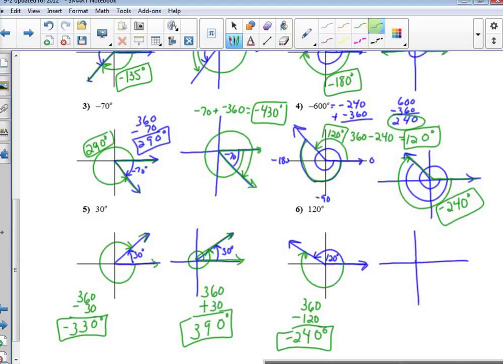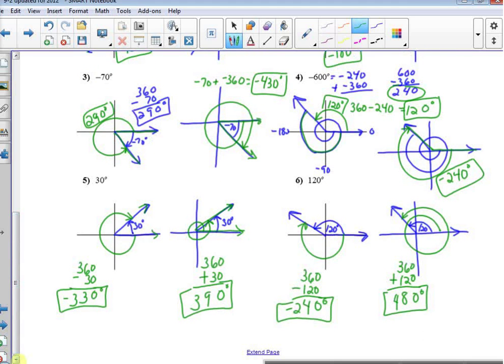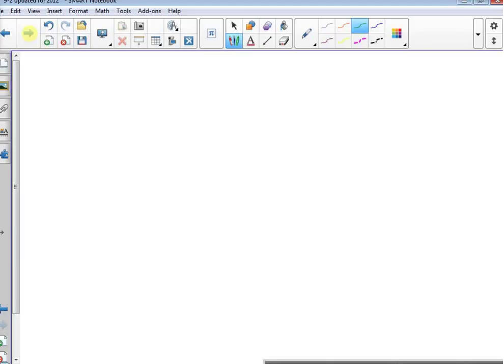And then one more, if I do 120 and I want to find a smallest positive, then I have to go 360 more than 120. So I would now do 360 plus 120. And I'm going counterclockwise, so it remains positive 480. And that, I believe, concludes it. Yay, shorter.